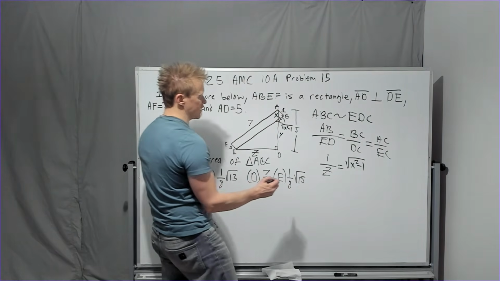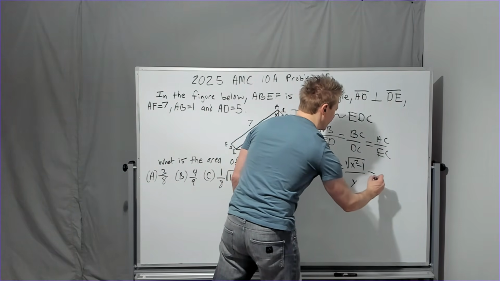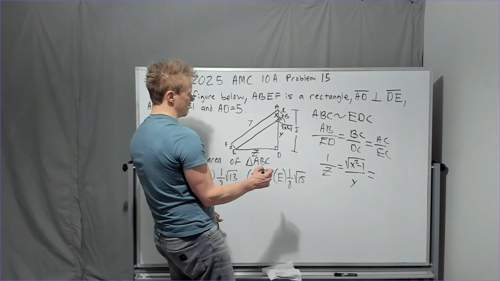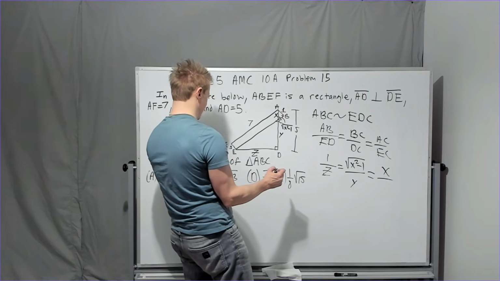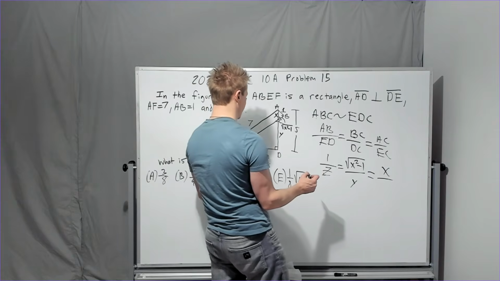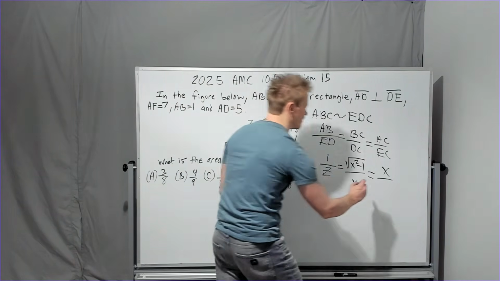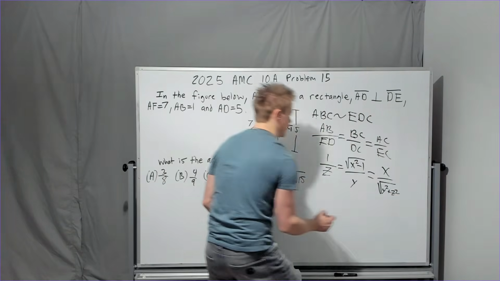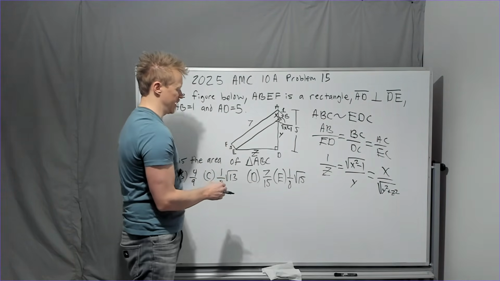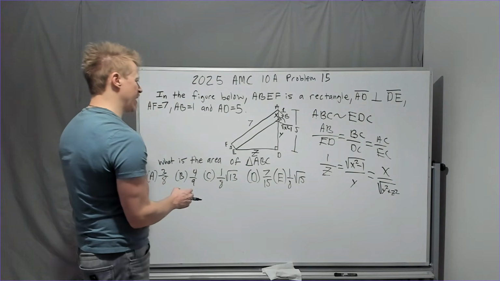And DC is labeled as y currently. And AC is labeled as x. And EC we could label as the square root of y squared plus z squared by Pythagorean. Okay, so then what?